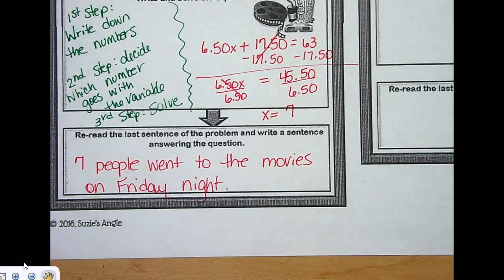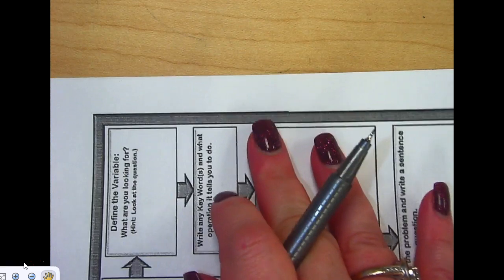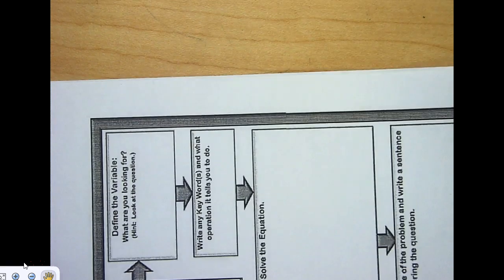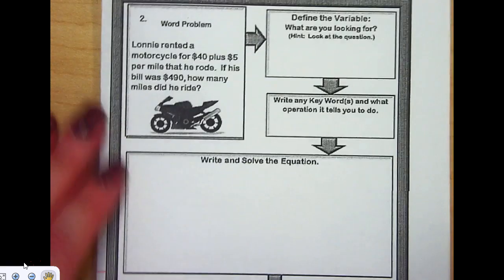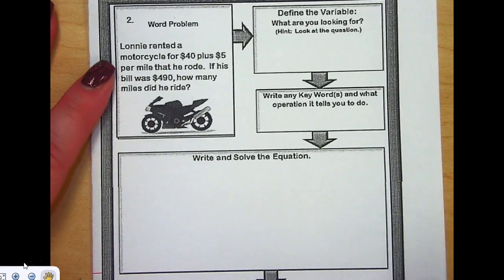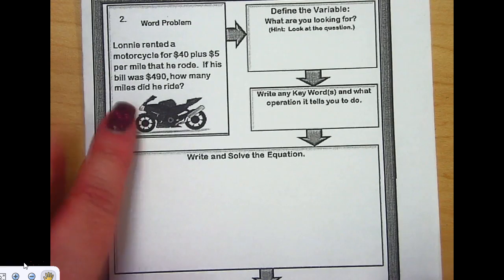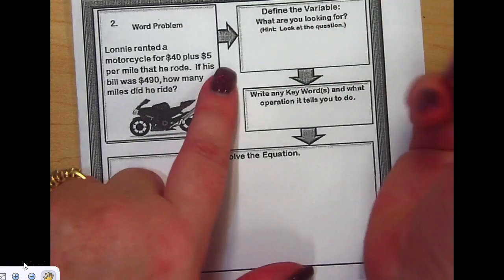If his bill was $490, how many miles did he ride? All right, so define the variable. What is it that we are looking for? Anybody know what it is we're going to be looking for in this problem? Autumn? How many miles he rode?